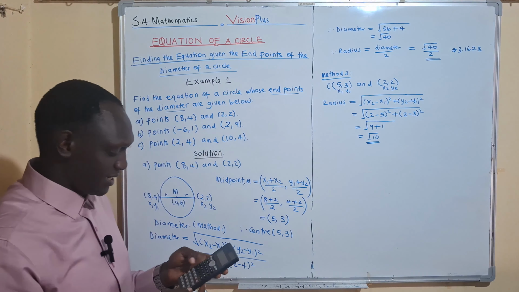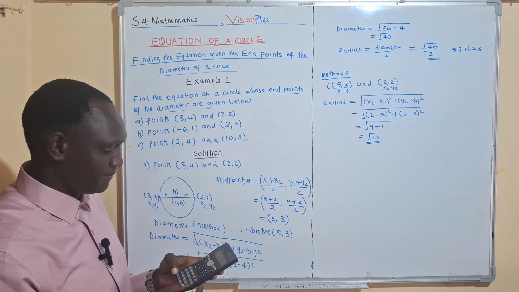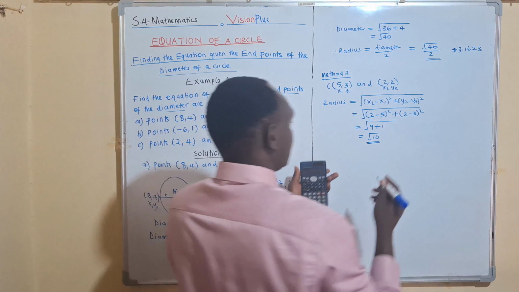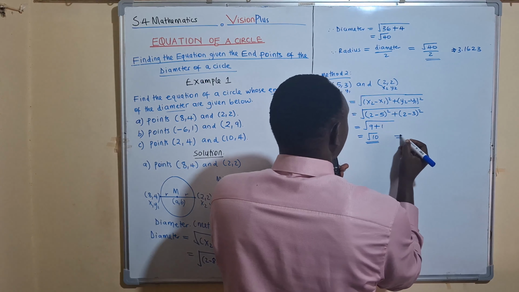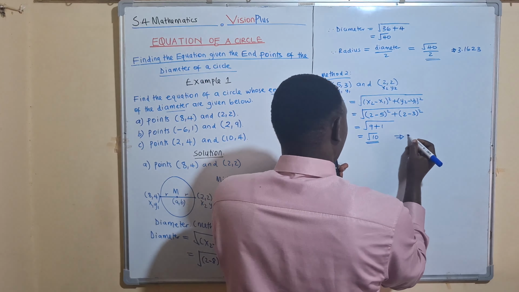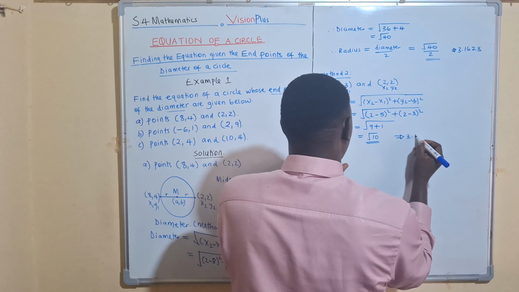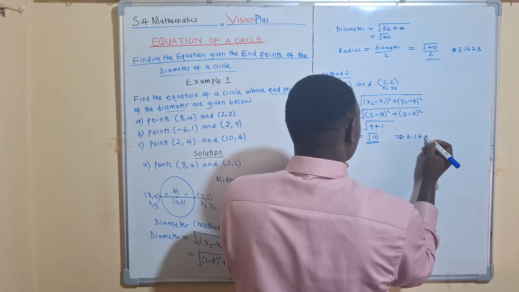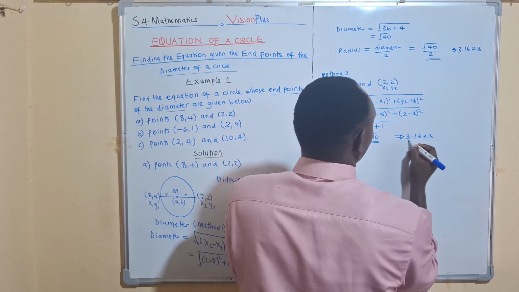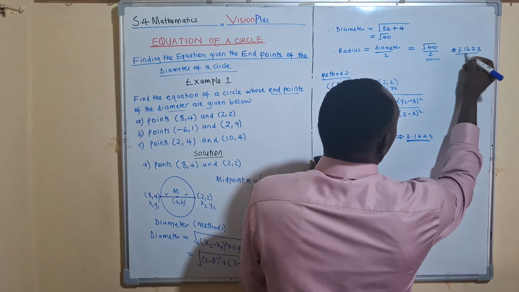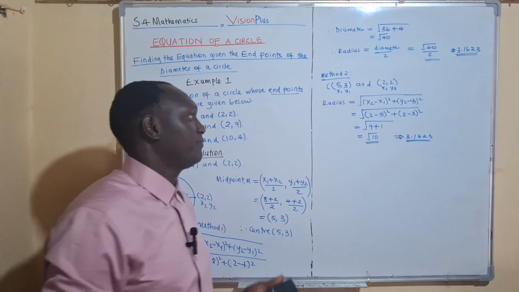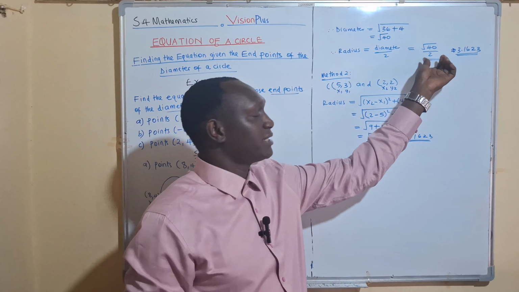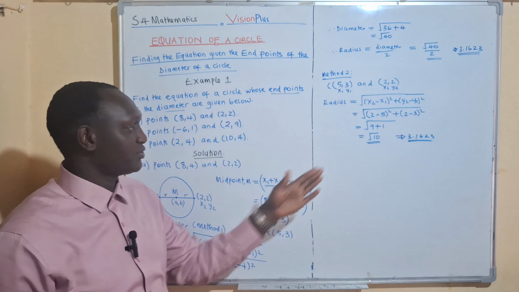How about root of 10? Root of 10 is exactly the same. Root of 10 here also in decimal point is 3.1623. So these two values of r are the same. This one just contains a surd, but it's also the same as this.